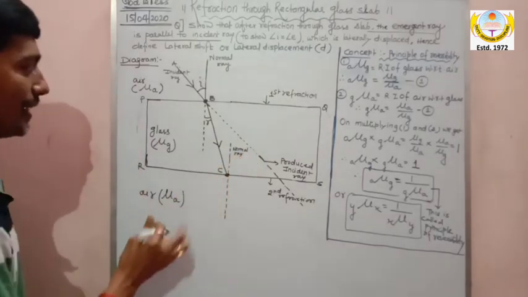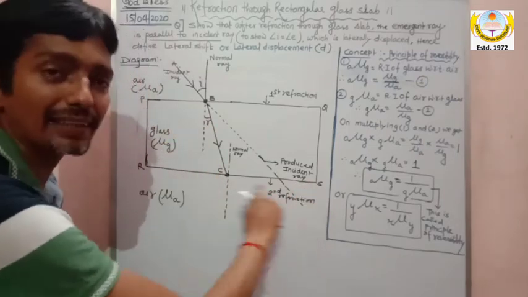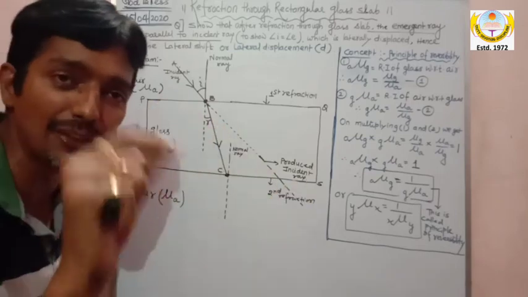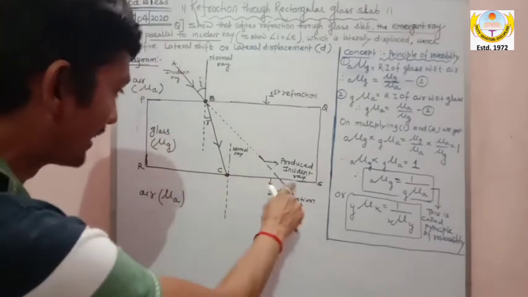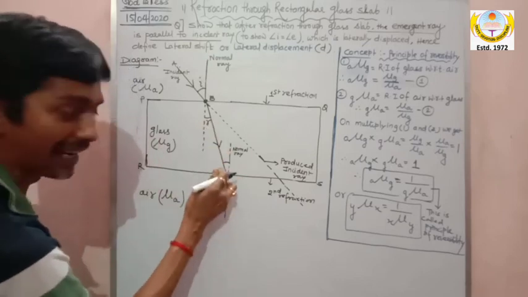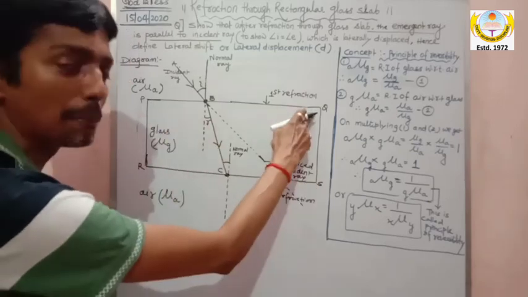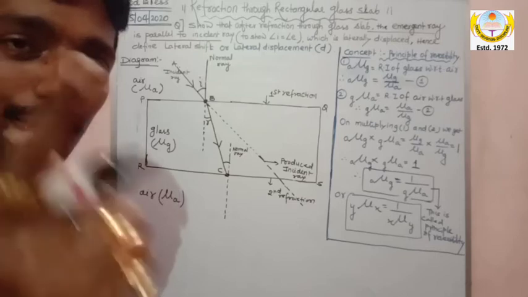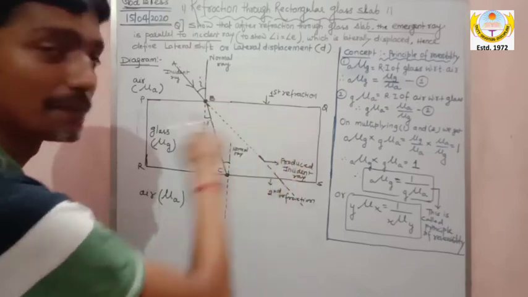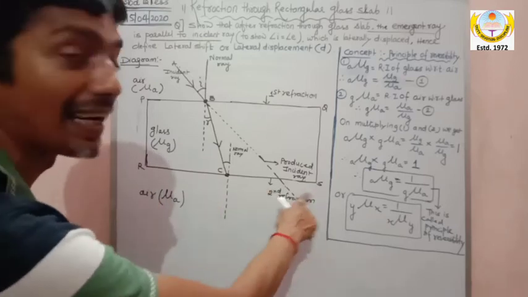And you can see my dear, this is a refracted ray which is incident on the second surface RS. ये refracted ray है BC जो RS पे incident हुआ है. RS पे this ray is incident. So I will make this also an incident ray for surface RS. This is a refracted ray for surface PQ. Please मेरा बात सुनो. Sir, BC is a refracted ray for surface PQ, but the same BC is the incident ray for surface RS.